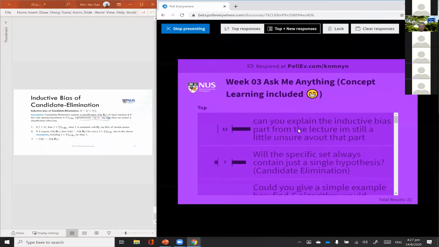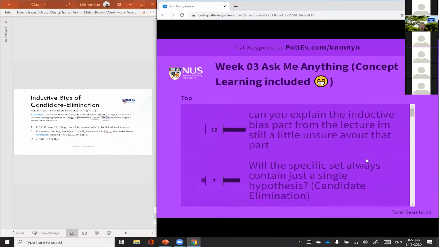Okay, yeah. So will the specific set always contain just a single hypothesis? If you're using Find-S, yes, because Find-S is only looking for a single hypothesis. It's basically a greedy search to try to find a single hypothesis that covers all of the specific positive examples and admits nothing else. That's the whole idea of Find-S.